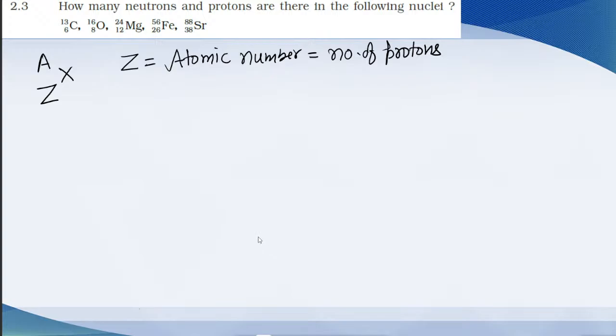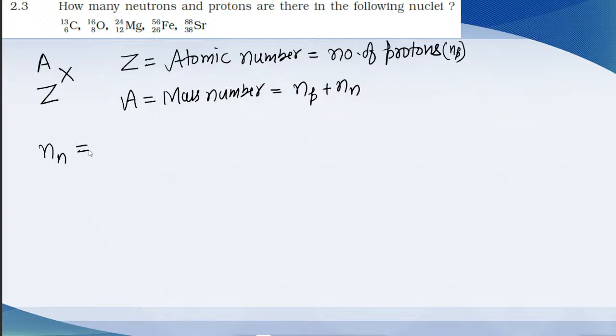But here neutrons and protons are being discussed, so let us write it as number of protons only. A is the mass number, which is number of protons plus number of neutrons. Atomic number is only number of protons and mass number is the sum of protons and neutrons. So number of neutrons is equal to mass number minus atomic number.